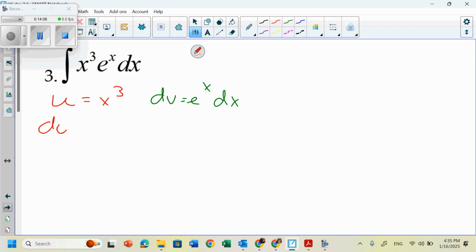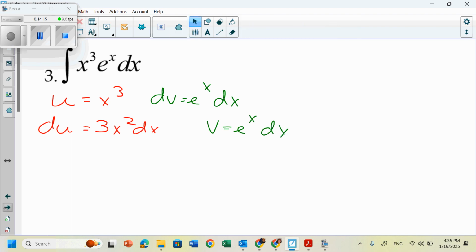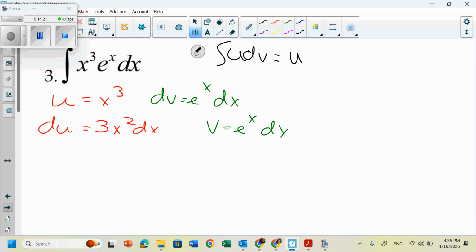And again, the integration of u dv is equal to uv minus the integration of v du. Same formula all the way up there. Alright, now I'm going to put everything together. So, equals u v.